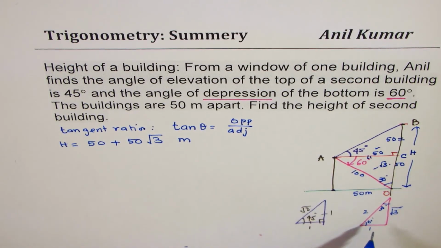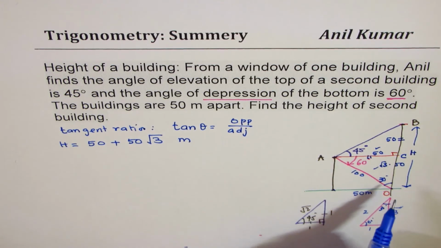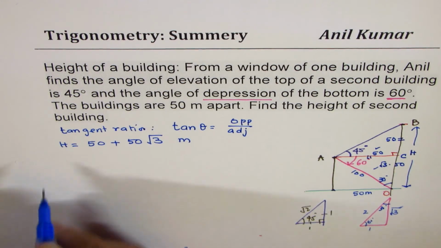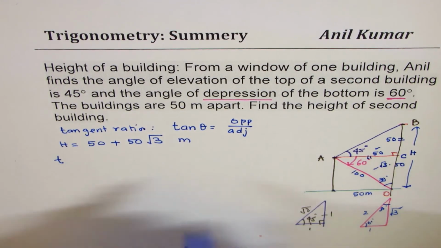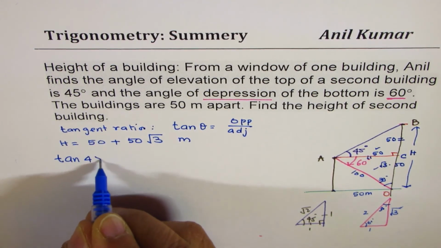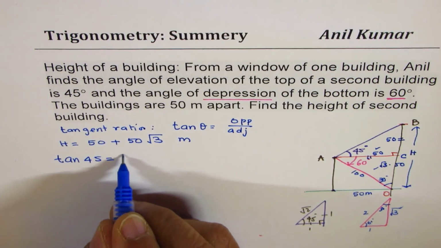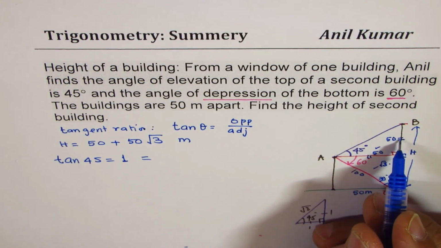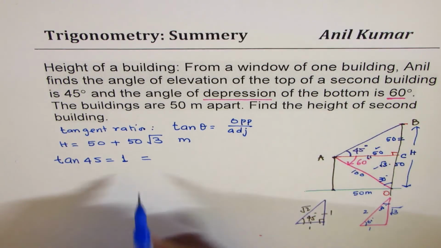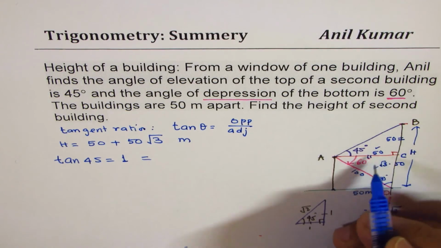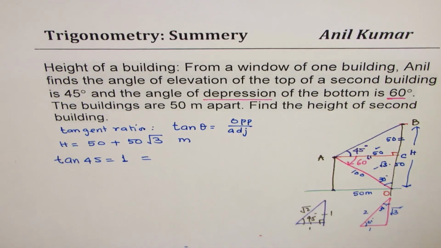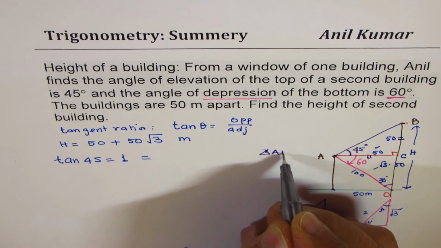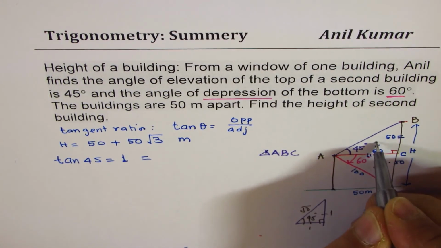So that is how you can see your solution. Now let me do it in a way which is more meaningful for most students. We say tan of 45 degrees is equal to 1, and this is also equal to opposite over adjacent. So in triangle ABC, we are considering this triangle.